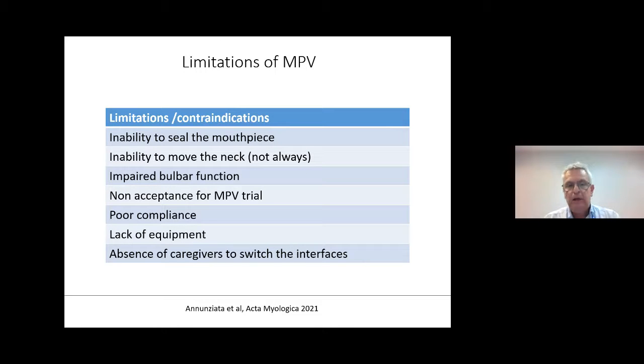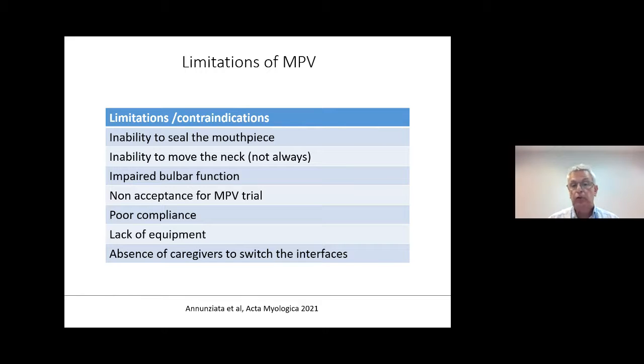The biggest limitation is impaired bulbar function, and our excellent colleague from Ottawa, Dr. Kim, told us that ALS patients with bulbar dysfunction can use the mouthpiece in only between 15 and 20% of cases, which is a very low rate of success.